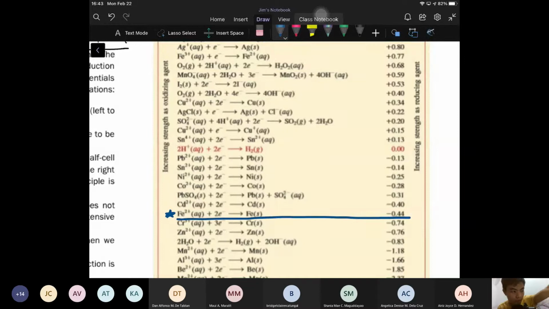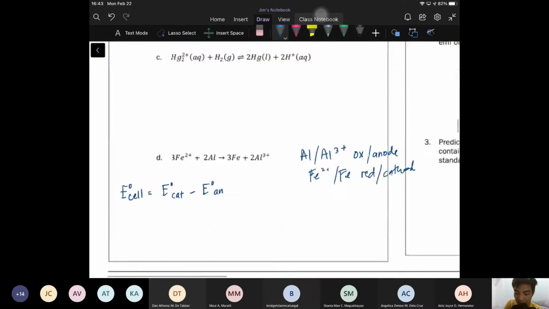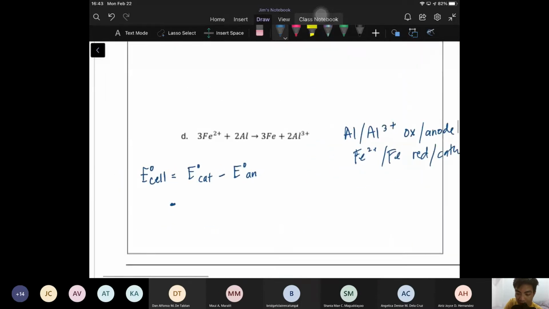Ayan, low-bat tayo. Okay, so ganun lang. Just look at the chemical species available on the SRP table and look for the corresponding E naught value. Okay. So for Fe2 plus Fe, we have negative 0.44 volts. Okay. So for the cathode, that will be negative 0.44 volts minus E of the anode.